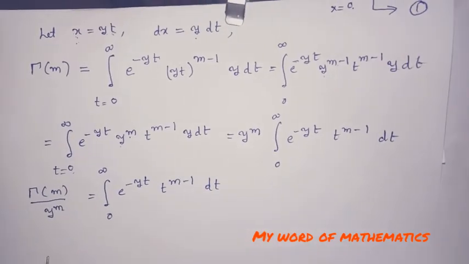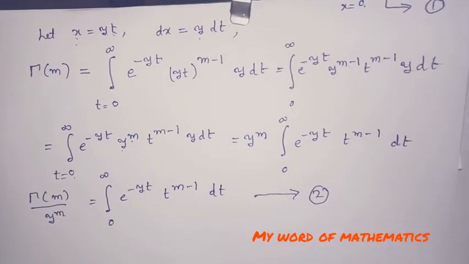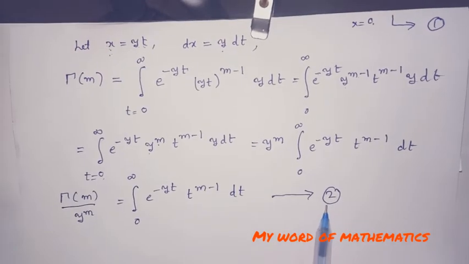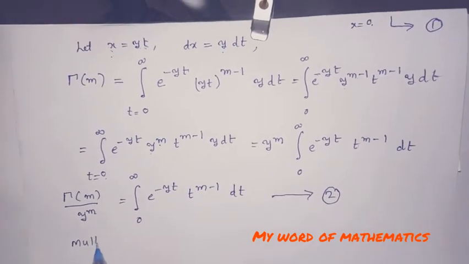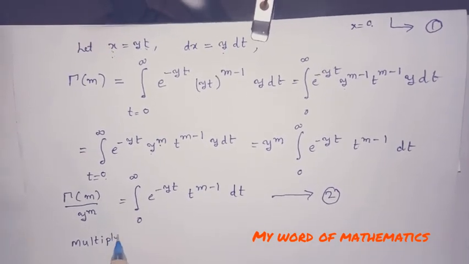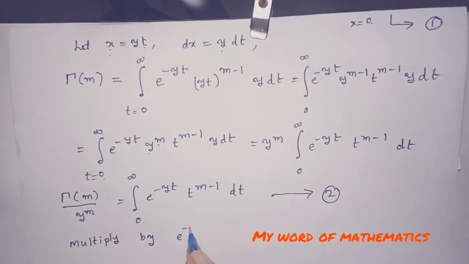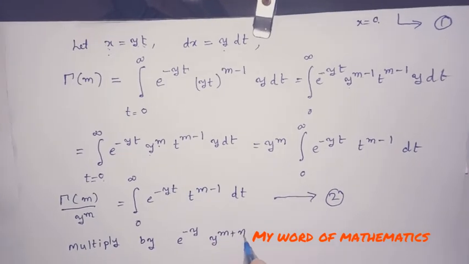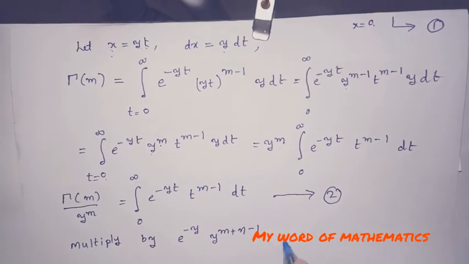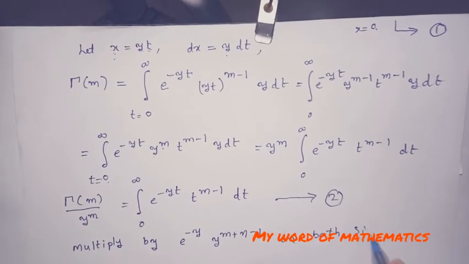Okay, now assume this as 2. Multiply this equation 2 by e power of minus y, y power of m plus n minus 1 on both sides.